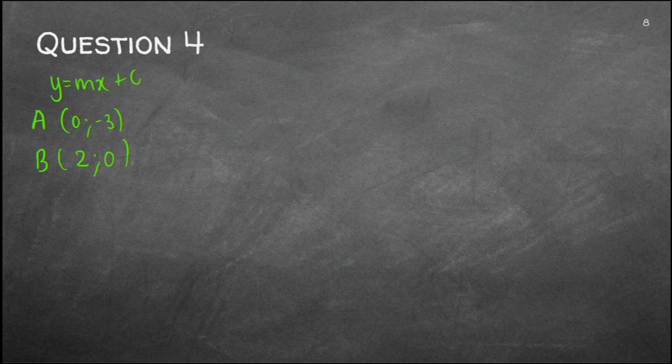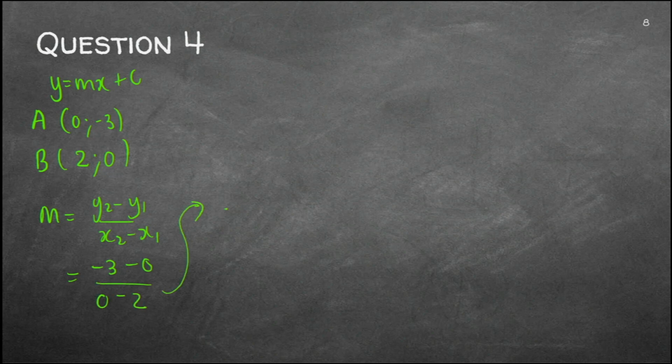Let's get the equation. So m is equal to y2 minus y1 over x2 minus x1. So I'll have -3 minus 0 over 0 minus 2. So m would be equal to -3 over -2, which is just 3 over 2.